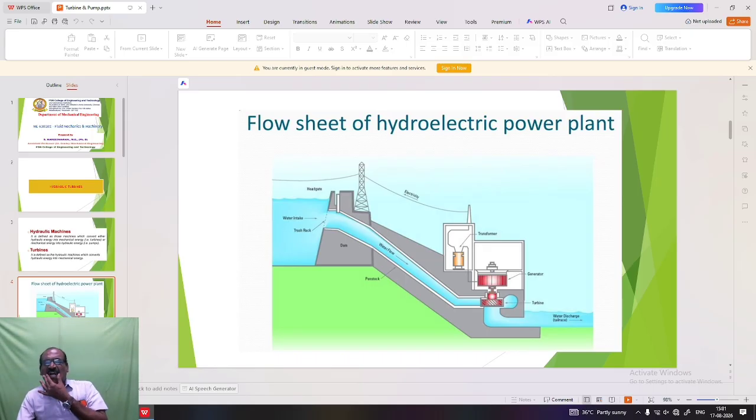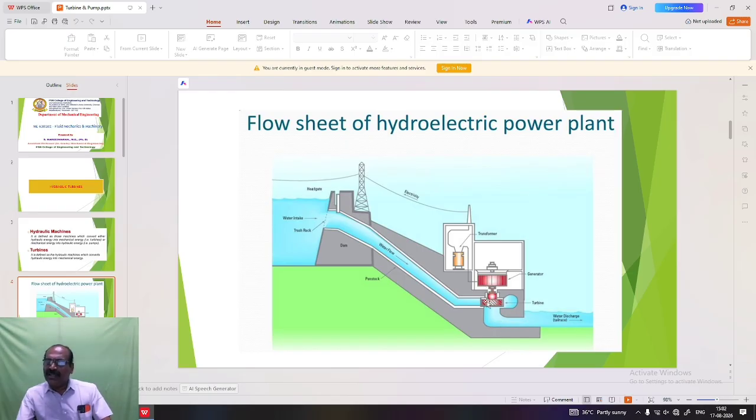This is a simple sketch showing a hydroelectric power plant. See that the dam is there. The water is filled in the dam, and there is a pipe where water is flowing. That pipe is called the penstock pipe, and at the end of the penstock pipe the water gets out and flows through the turbine blades, and the water then comes down through the draft tube.